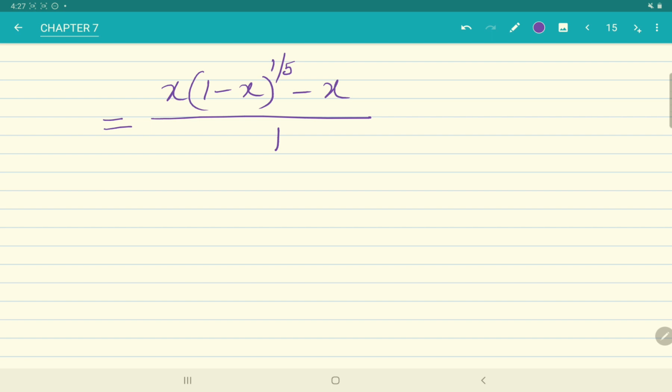Now, since x tends to infinity, it is clearly not equal to 0, so I can divide both numerator and denominator by x.